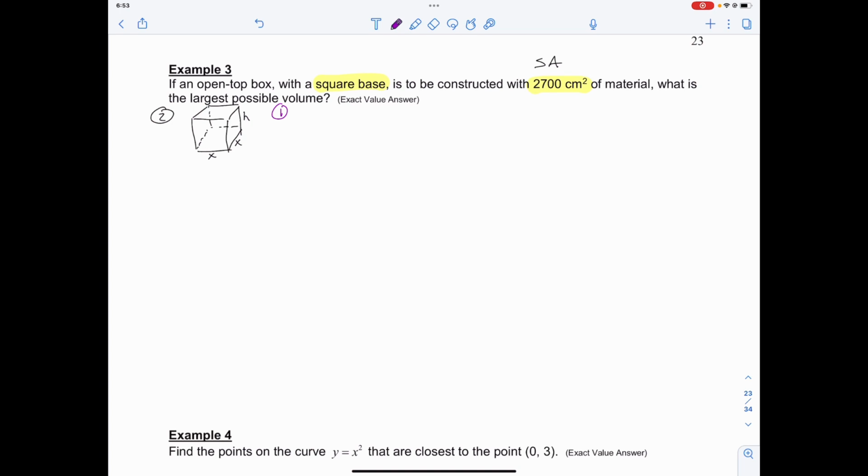We're going to let x equal the side length of the base.